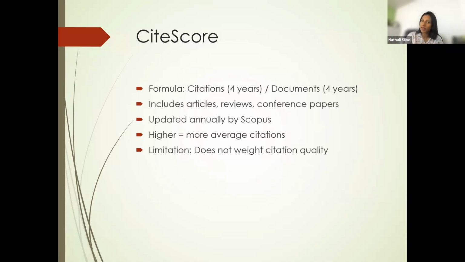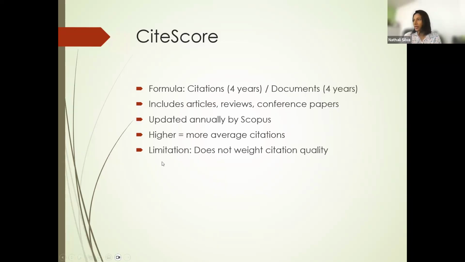So obviously a higher CiteScore means a higher average number of citations. What is the indication of that? The articles of this journal tend to be cited by scholars in the domain.